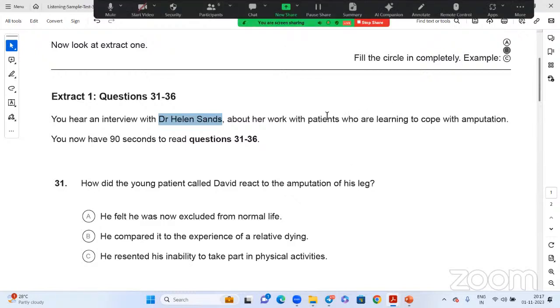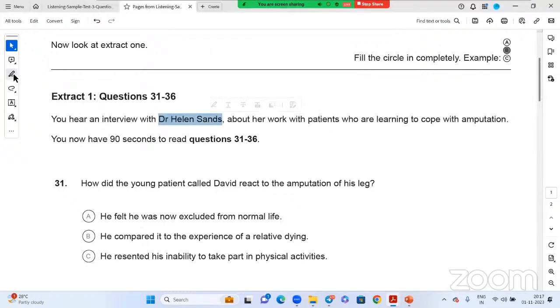So, here we are. So, this is an interview. Patients who are learning to cope with amputation. You have 90 seconds.